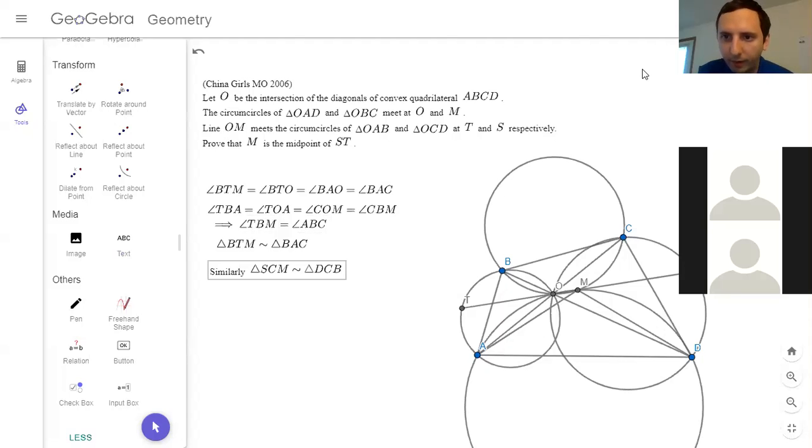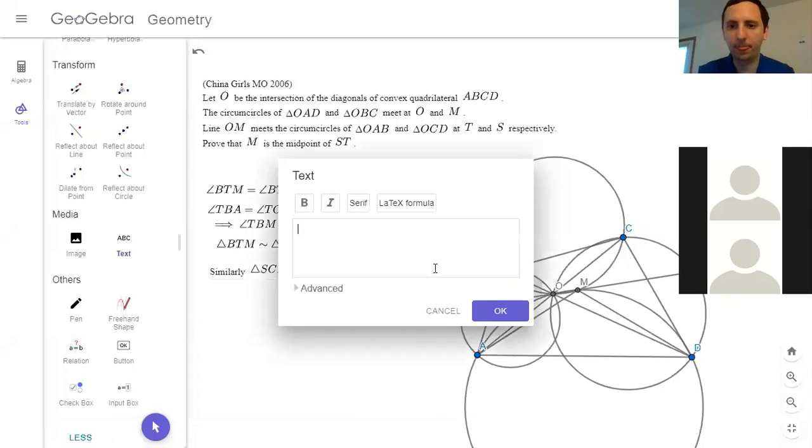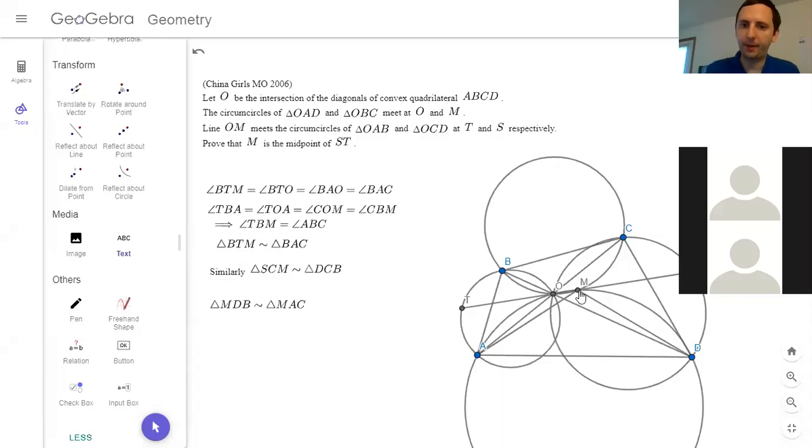And then we also have, yeah, BMC is similar to ATB. So ABC is similar to TBM. BCD is similar to SCM, and MDB is similar to MAC. So by spiral similarity at M, this is true.